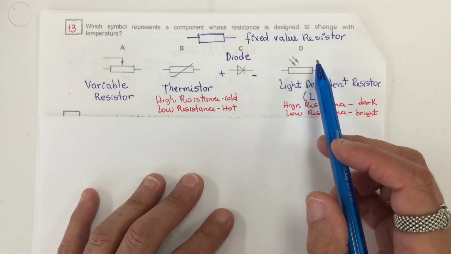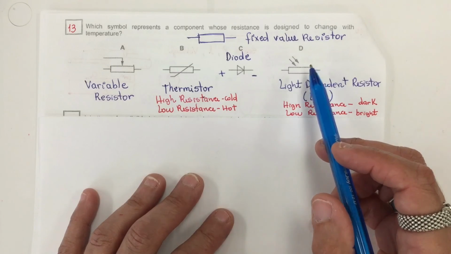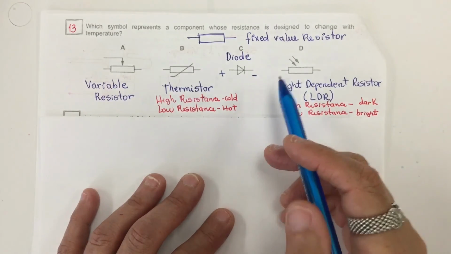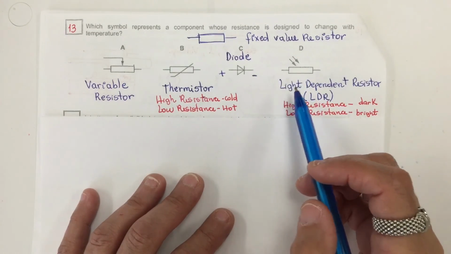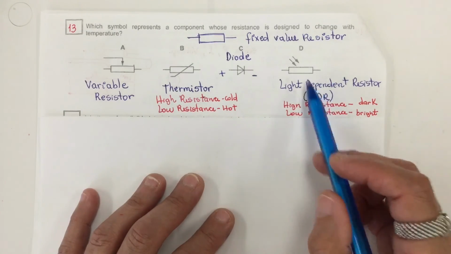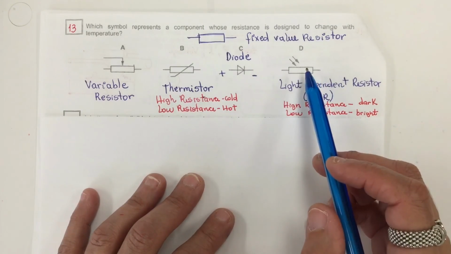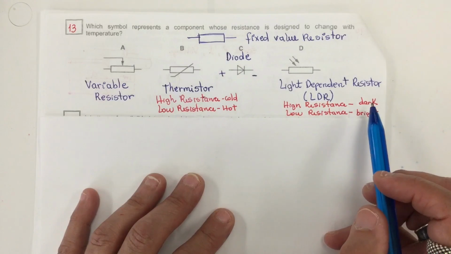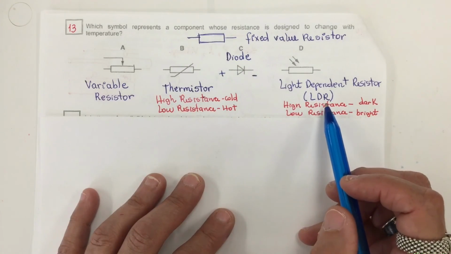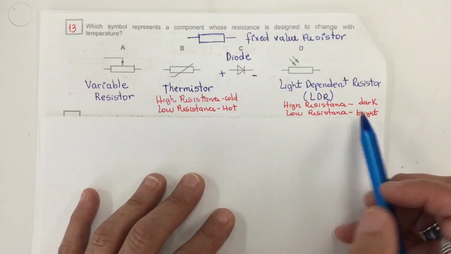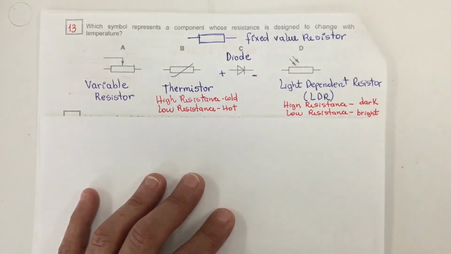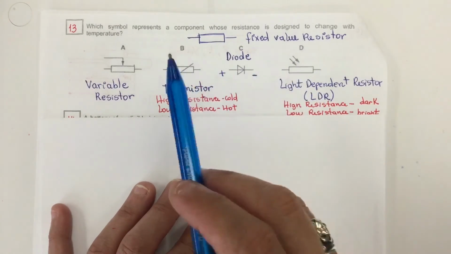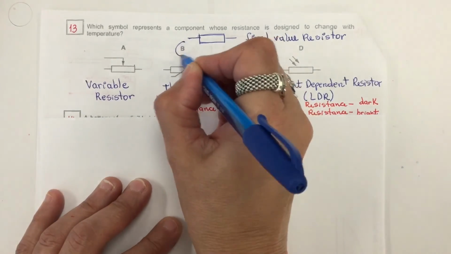It is a type of resistor that changes its value based on the amount of light. So if it's dark, we'll have a high resistance. And if the environment is bright, we'll have a low resistance. So for this question, the one designed to change with temperature is the thermistor.